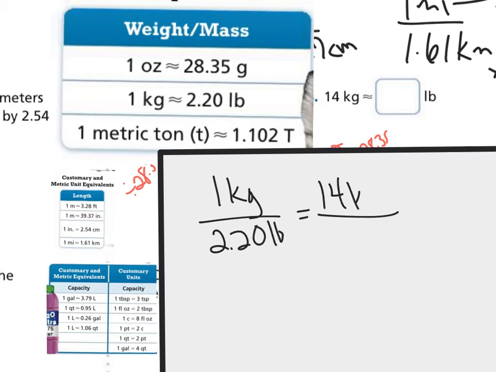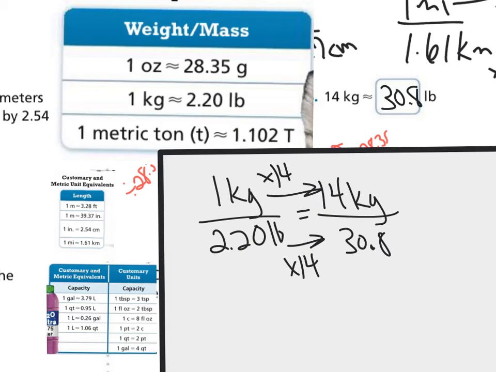We have 14 kilograms, so that would be 14 times as much. If you do 2.2 times 14, that would be 30.8. So 30.8 pounds for that one.